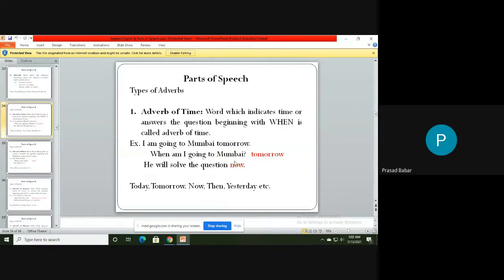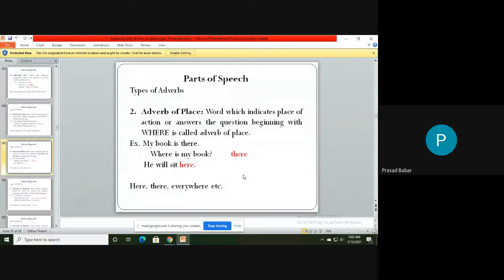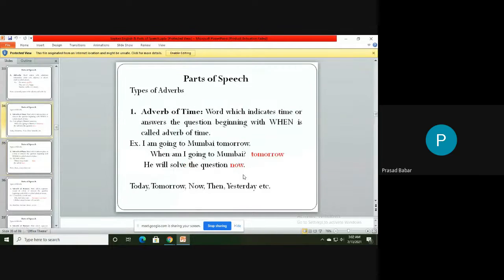The answer will be now, and that is why now is called an adverb of time. There are many examples of this type, such as today, now, tomorrow, then, yesterday, the day before yesterday. So these are the examples of adverb of time.